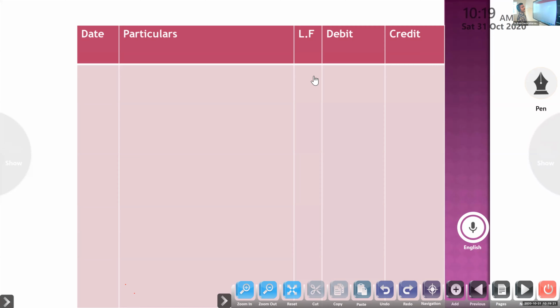Goods returned to Ragesh. Entry will be Ragesh account debtor to purchase return account. Is it correct? Now we recorded it in the sales return. So you tell, sales return is debit or credit?